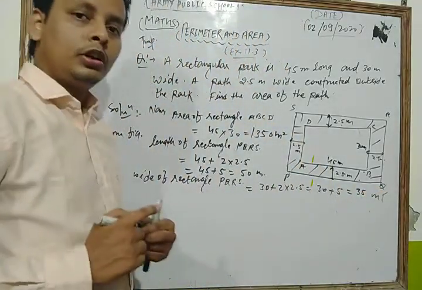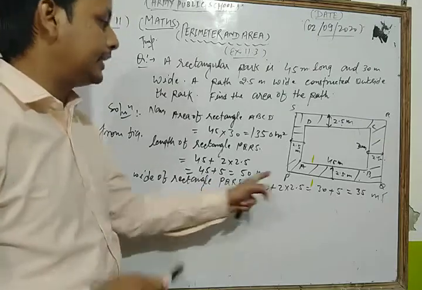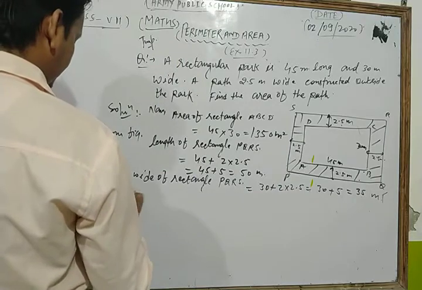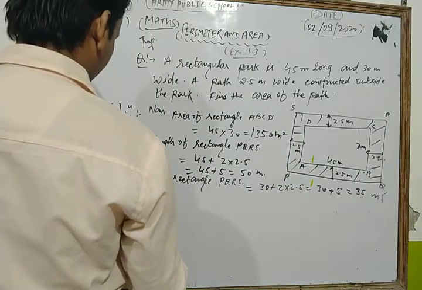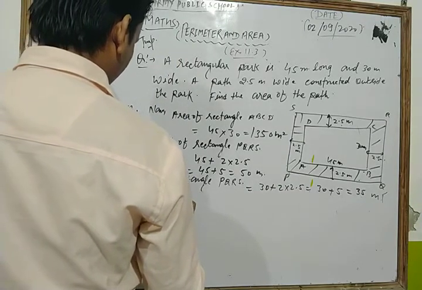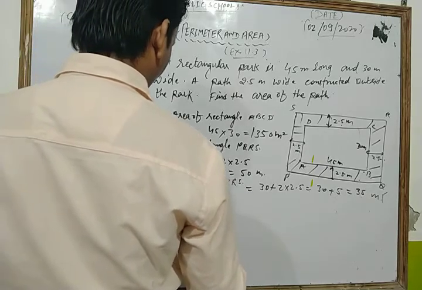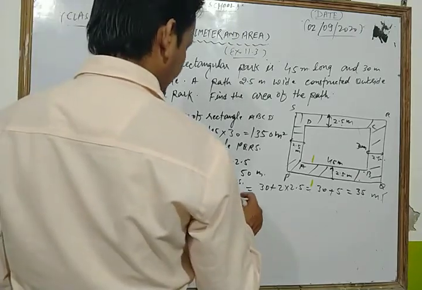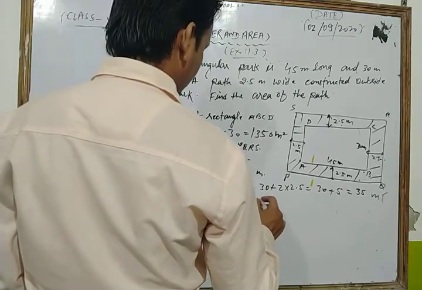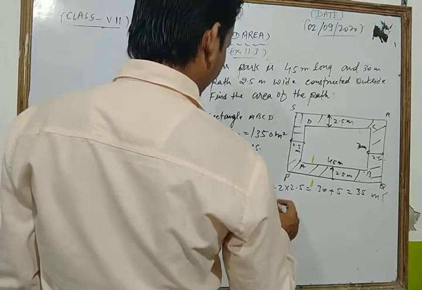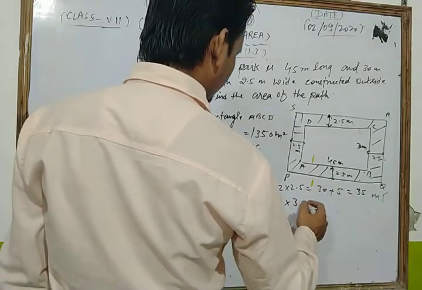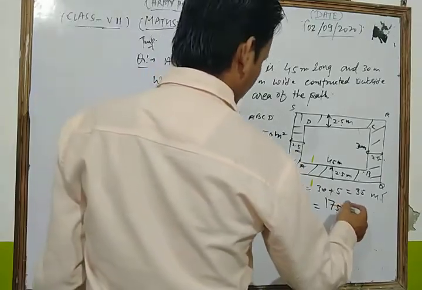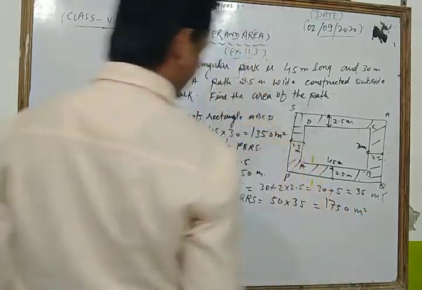Now, dear students, we find the area of rectangle PQRS, which is length 50 into breadth 35. So we get 1750 meter square.